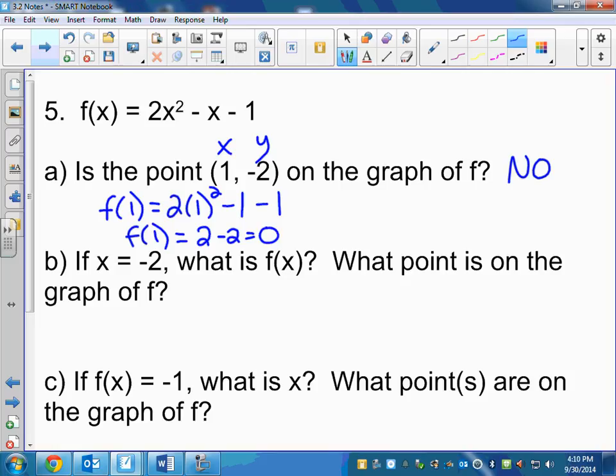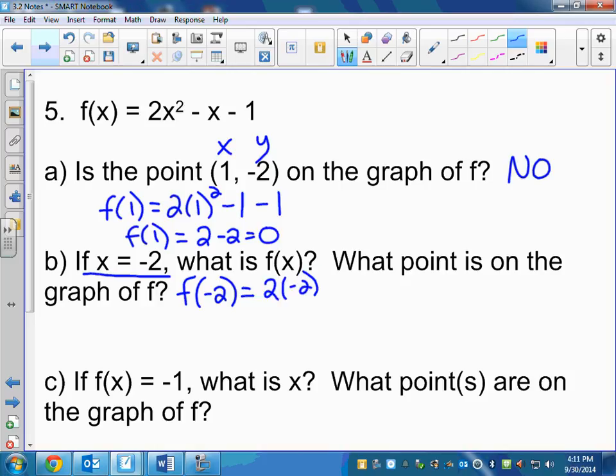Look at part B. Part B says, if x equals -2, what is f of x? What point is on the graph of f? So it's kind of just like A, just asking it a different way. If they ask you what is f of x when x is -2, they're just asking you to find f of -2.